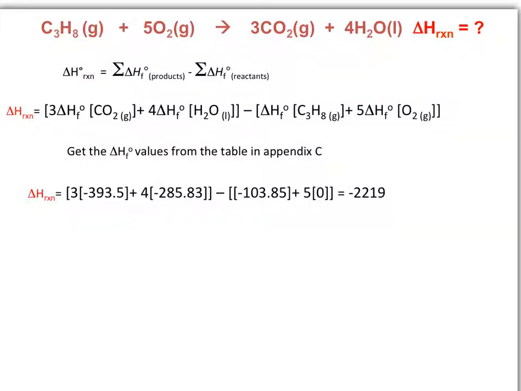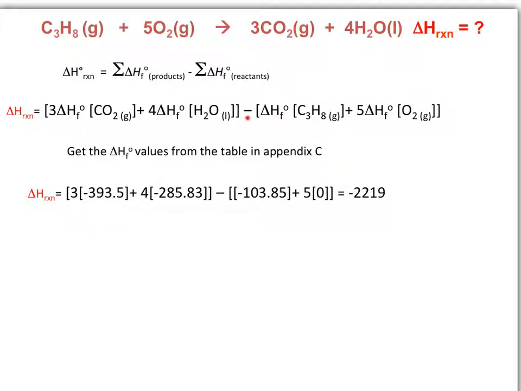Now remember, each formation value corresponds to the quantity of the substance there. If I'm forming CO2 in this equation, I have 3 moles of it, so I'm going to multiply 3 by my enthalpy of formation value. Same thing here, 4 times the enthalpy of formation for H2O. Notice these two substances are my products, so I've figured out the sum of my products.